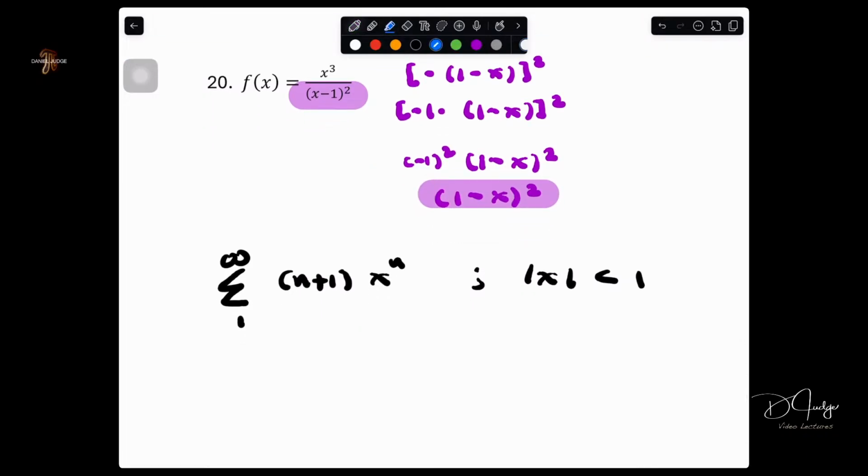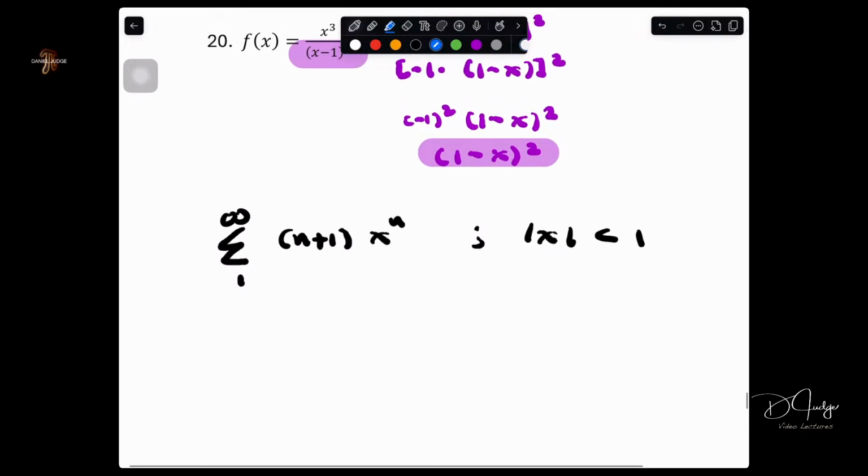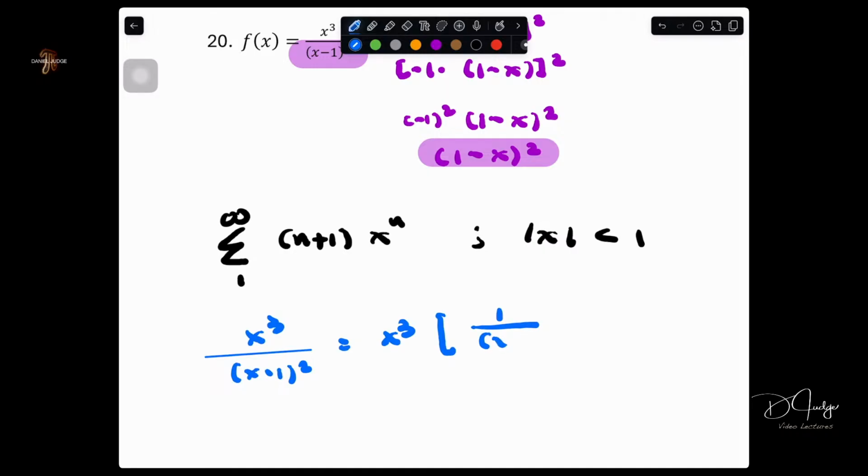So we're going to look at the power series expansion now of x cubed over x minus 1 squared, which is x cubed times 1 over 1 minus x squared over here.